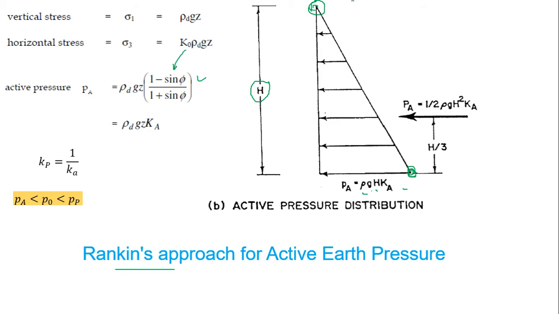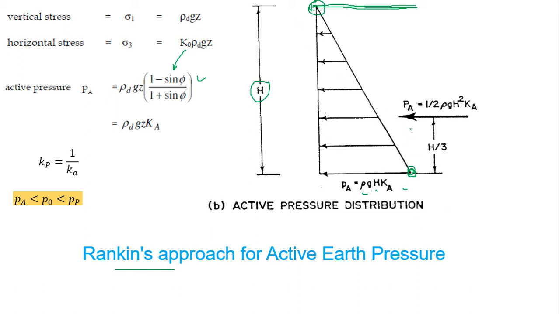This is the diagram for a horizontal backfill, meaning the backfill material is horizontal over here. When we have a horizontal backfill, the value of K is 1 minus sine phi divided by 1 plus sine phi. When we have an inclined backfill, the magnitude is going to change.